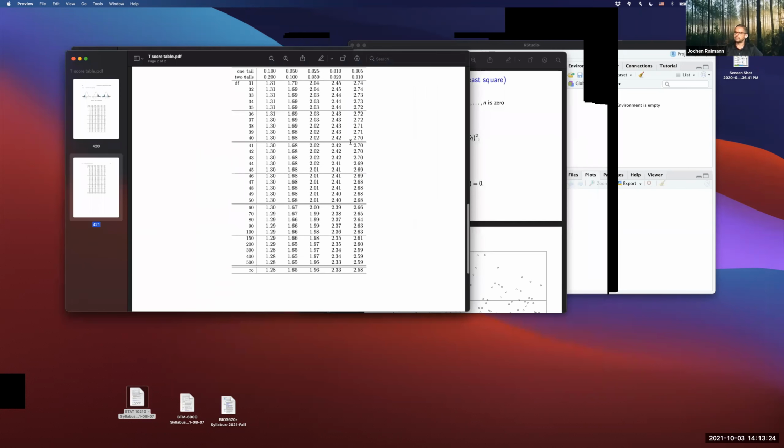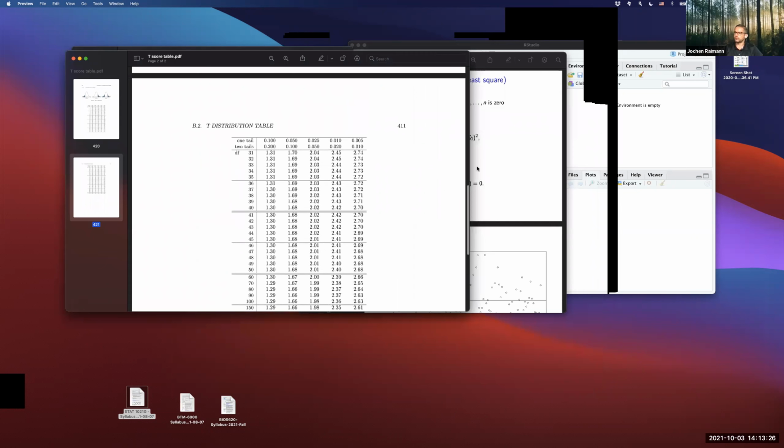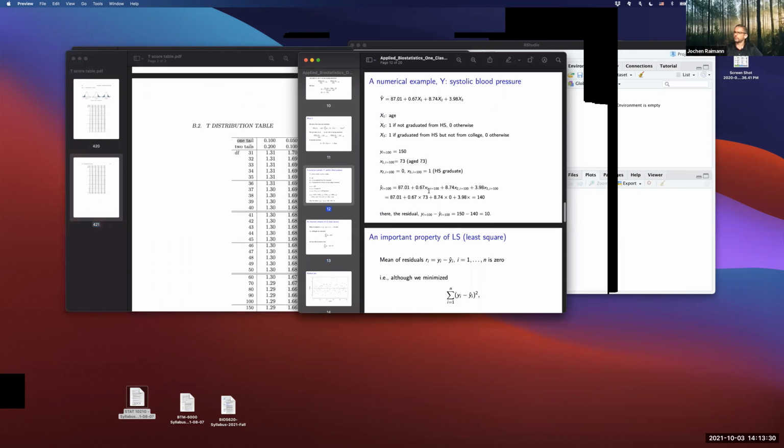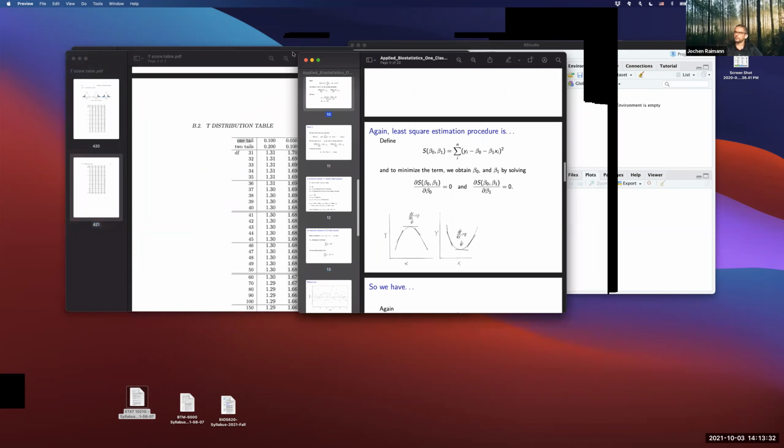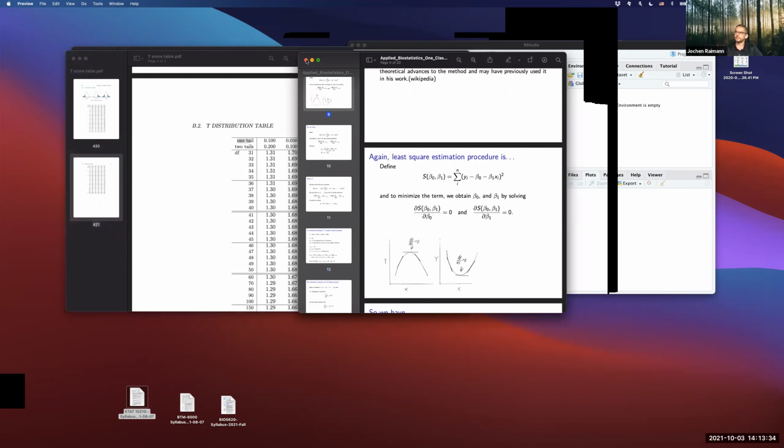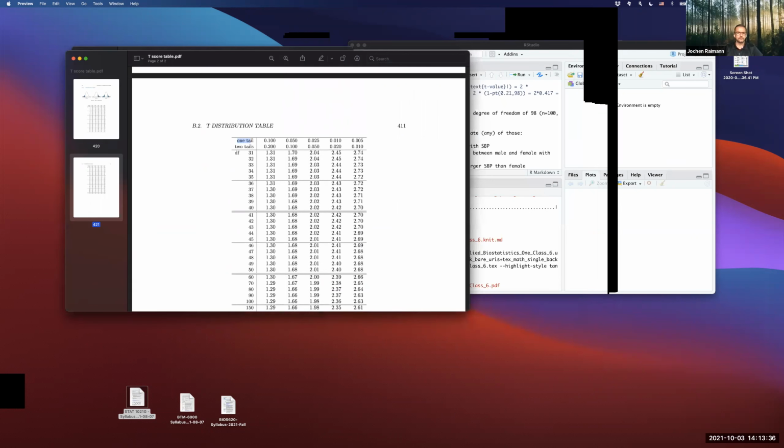So here we see one tail and two tails. That's absolutely not what it was. This is absolutely not the right lecture. Oh boy, too long I do this to make a confused professor. Okay, I have it in a second.